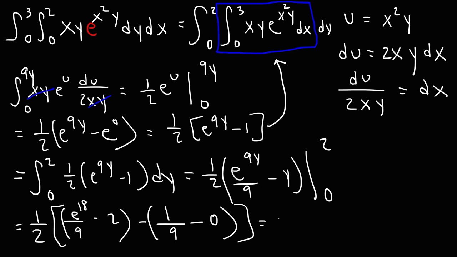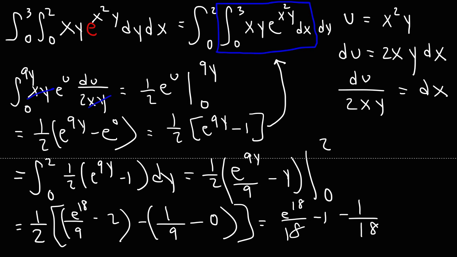So this is, let's see, we have e to the 18 over 18, since that's 2 times 9, and then 1/2 times -2, that's going to be minus 1, and then this is 1/2 times 1 over 9, which is going to be minus 1 over 18. So let's see if we can put this all in a single fraction.